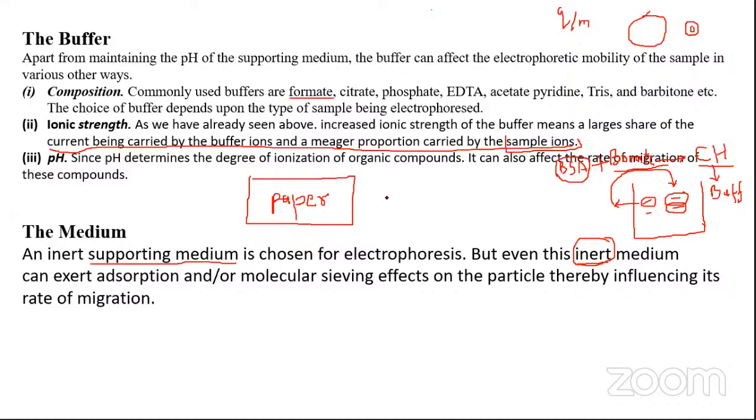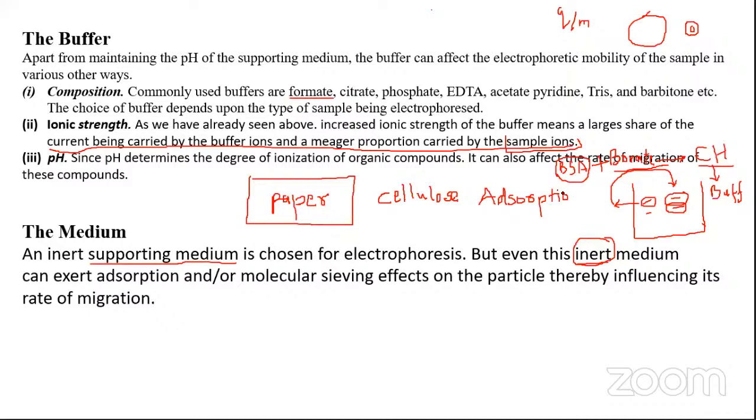And what's the property of cellulose which is used exactly during chromatography? Water holding capacity of cellulose. Yes. And on what basis does it hold water? It holds water because of its adsorption power. It's not absorption, it's adsorption. This is a surface phenomenon.